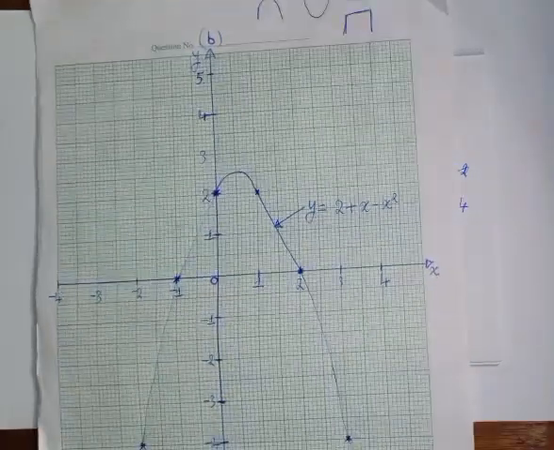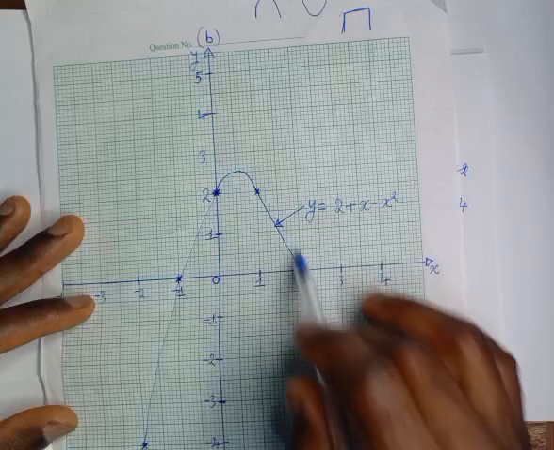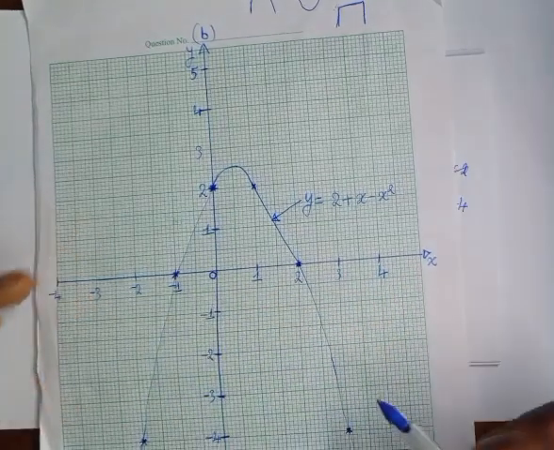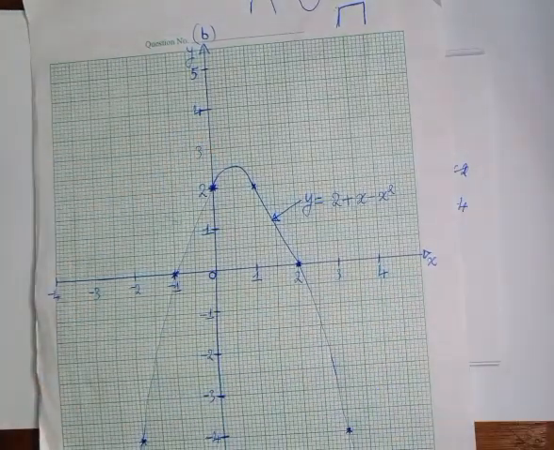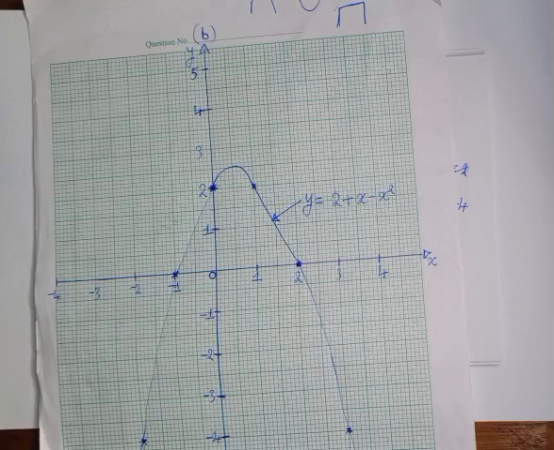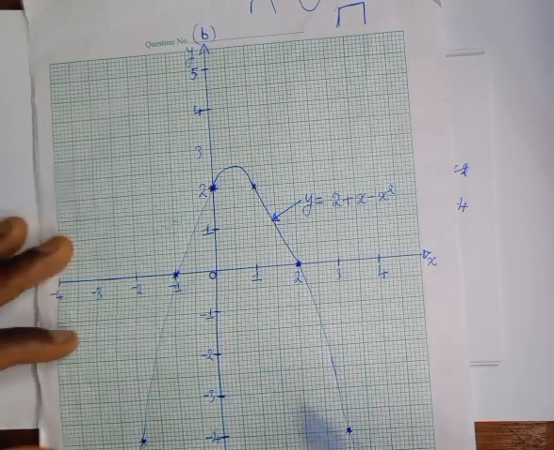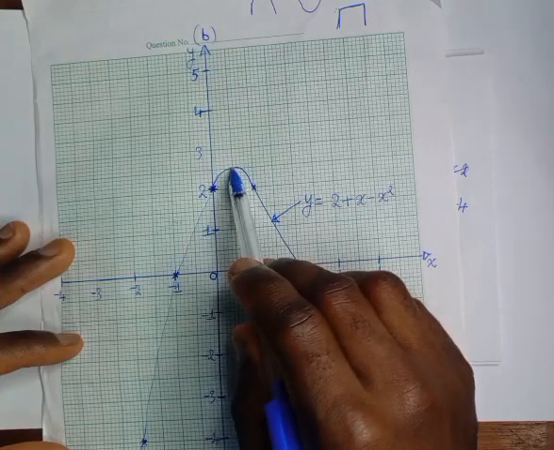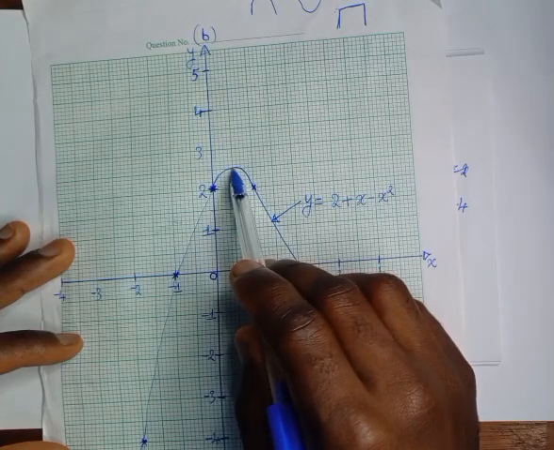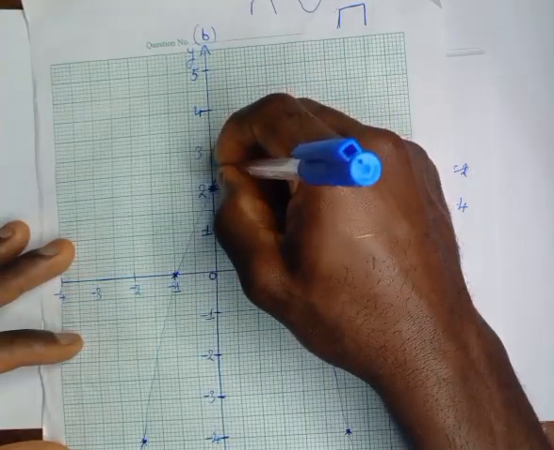In this case, since it is of the mountain form, we are going to say this quadratic function has a maximum value. You see, this is the peak of the mountain. The highest point is up here. So we are going to put a dot.